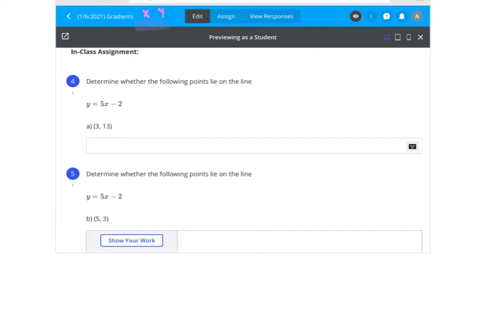So let's go ahead and plug it in. Again, remember that x is going to be our input and y is going to be our output. So in this case, y is our output. So 3 is going to equal 5 times, and then what is my x? My x is 5. So replace x with 5. And I want to emphasize that it's replace, guys.